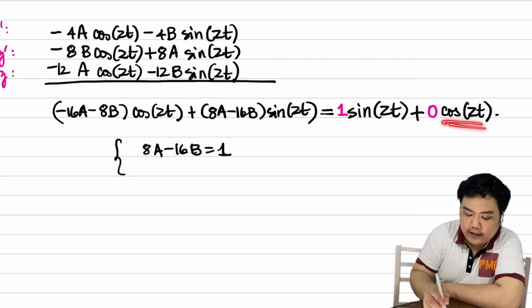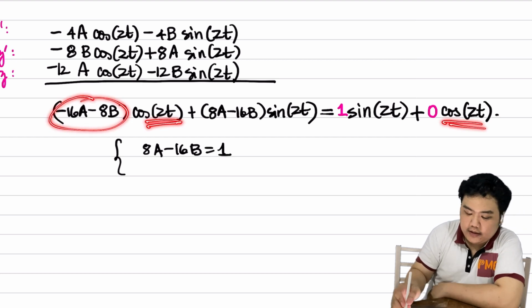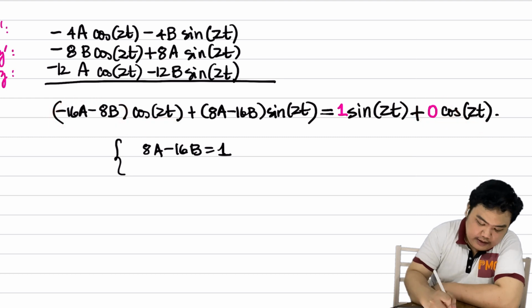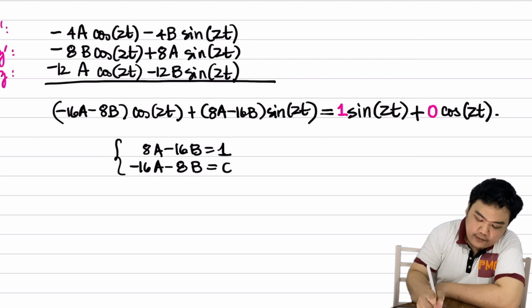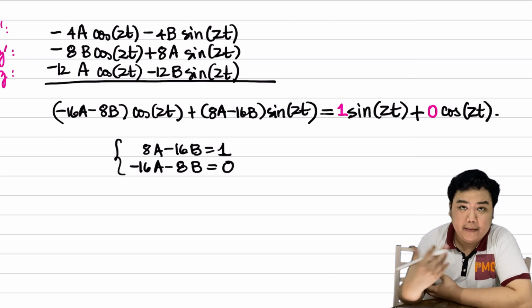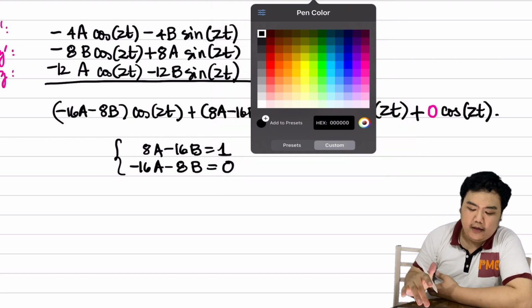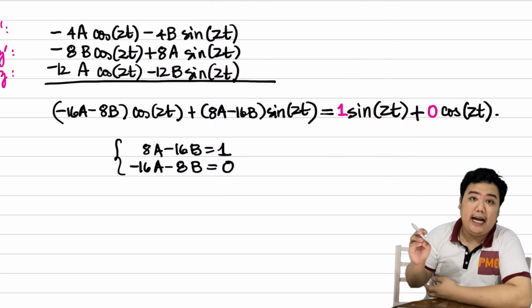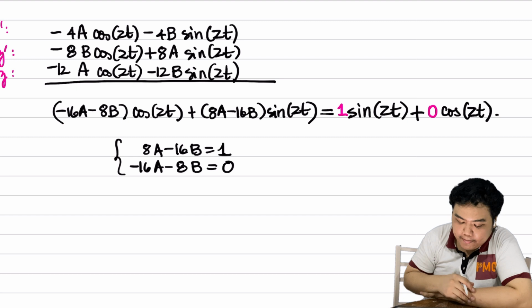The coefficient of cosine must be 0: negative 16a minus 8b equals 0. So, this is a system of two linear equations. We suddenly go back to algebra. The diff-eq problem suddenly becomes an algebra problem.